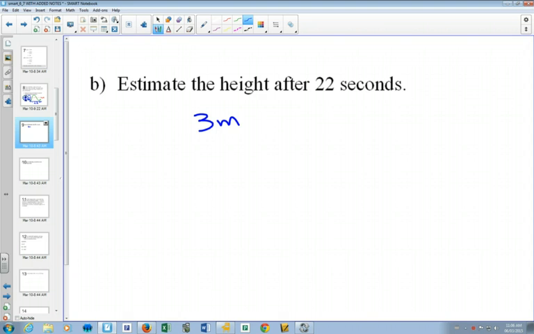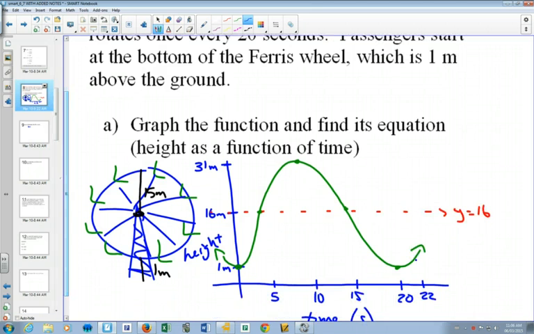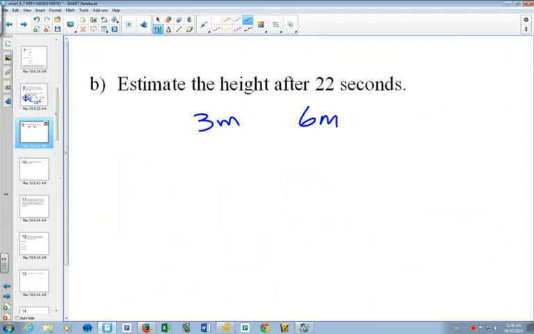We're going to find out exactly what it is using an equation in a bit. Okay, so somewhere in here, and depending on our graph, we're estimating that going across. Maybe it looks more like 6 meters. So there's a couple different estimates that we have. You're going to go with 9? Okay. So now we got 3, 6, and 9. We're going to see which one's going to be the closest in a bit.